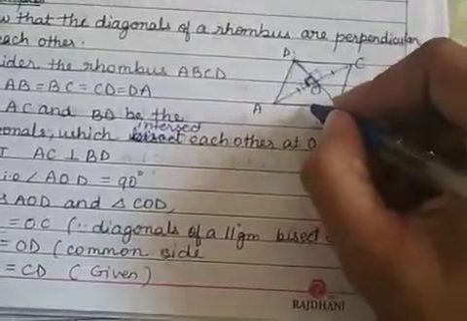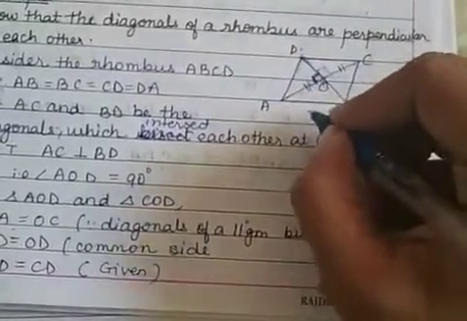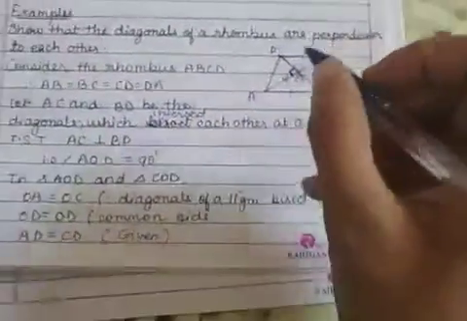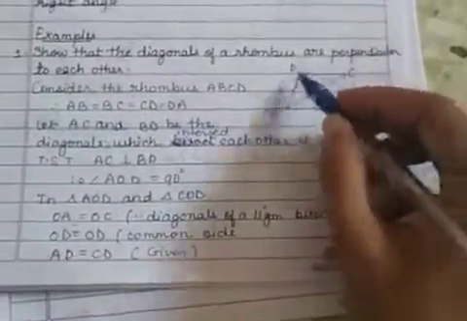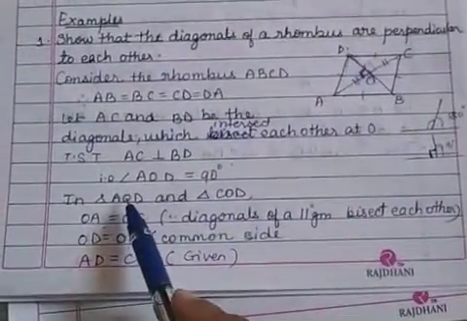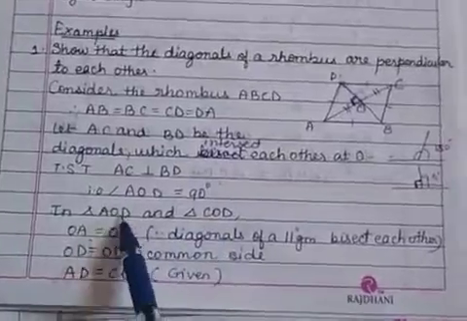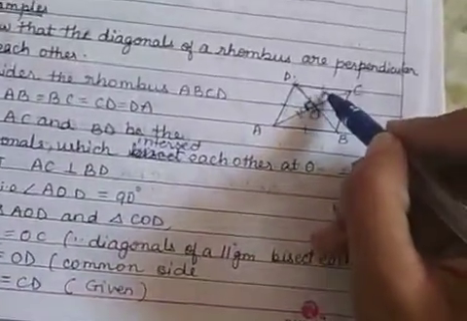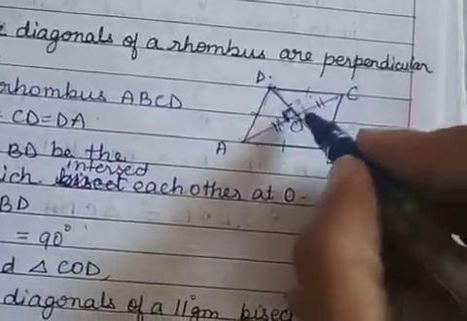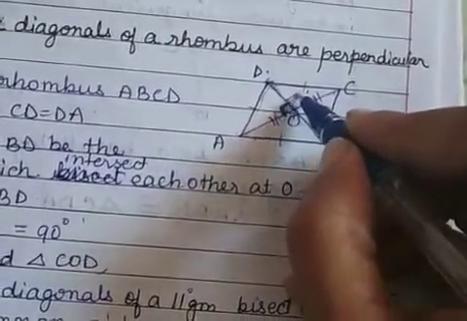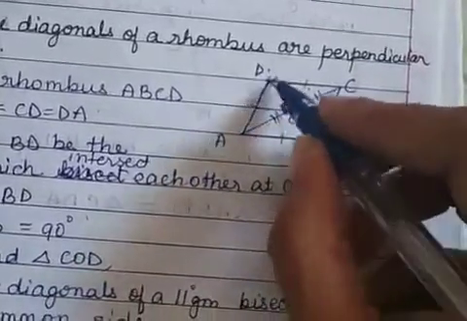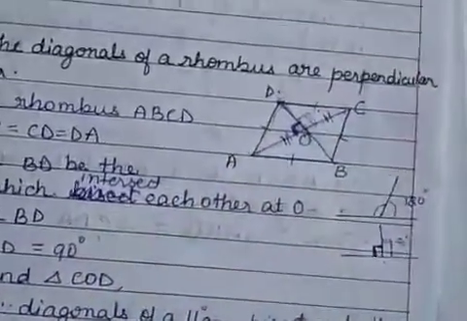You know that in a rhombus all sides are equal. So this side will be equal to this side, so AD is equal to CD. So we have got three conditions, correct? So now I can say these two triangles are congruent. If these two triangles are congruent, then the corresponding parts are equal, right? So from that we can say this angle is equal to this angle. That is the reason we have taken these two triangles and tried to prove that they are congruent to each other.